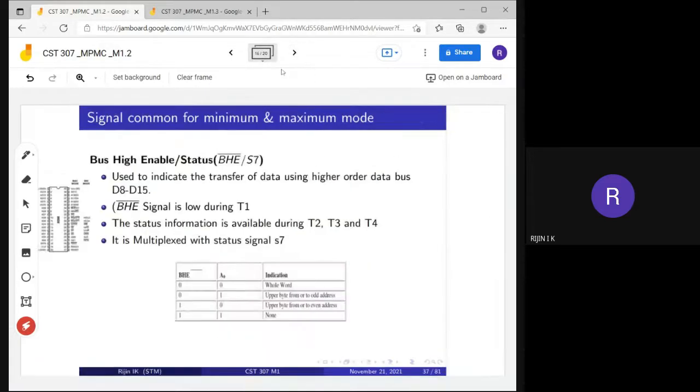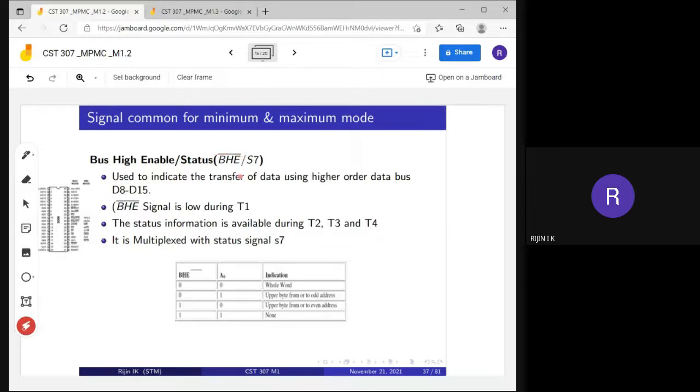Then the next one is bus high enable or status, BHE bar S7. Actually it is a low-active pin, which is why it is specified here as BHE bar.